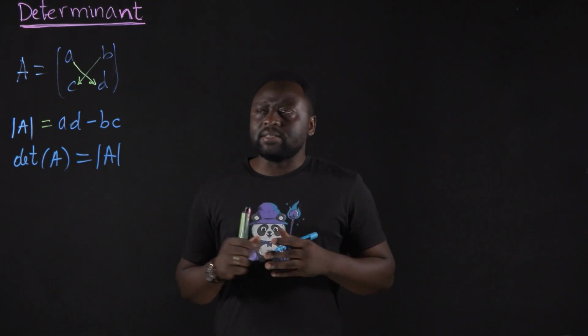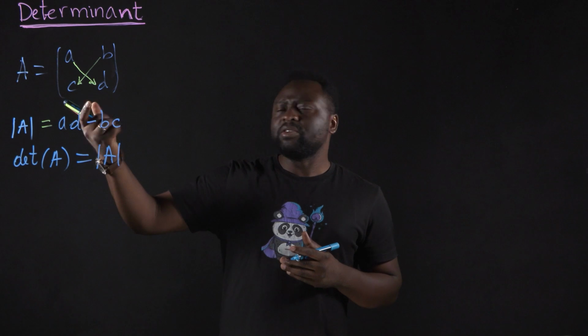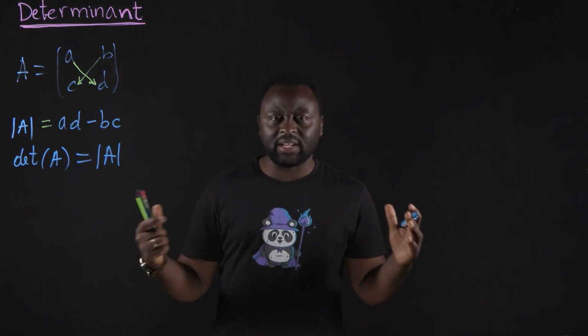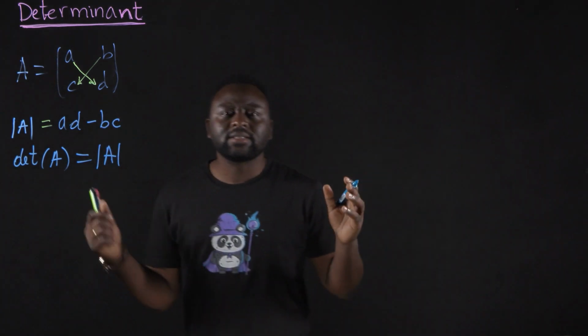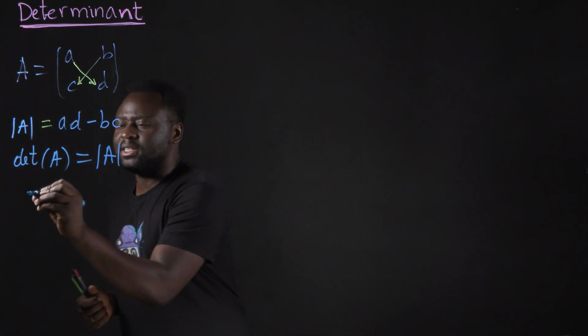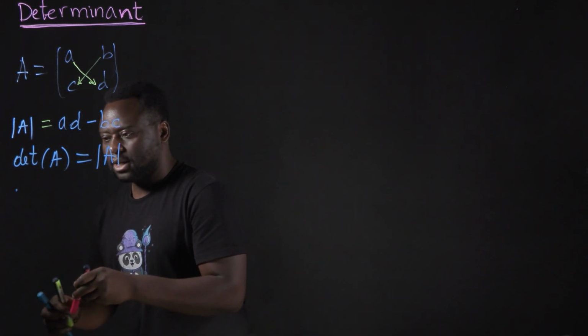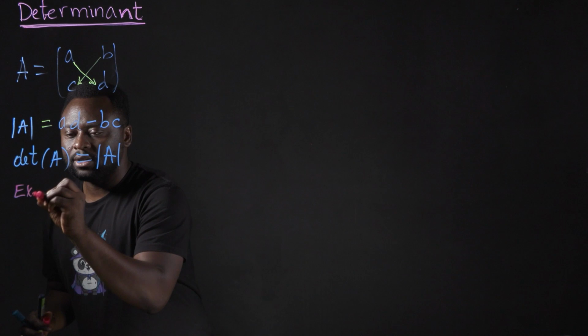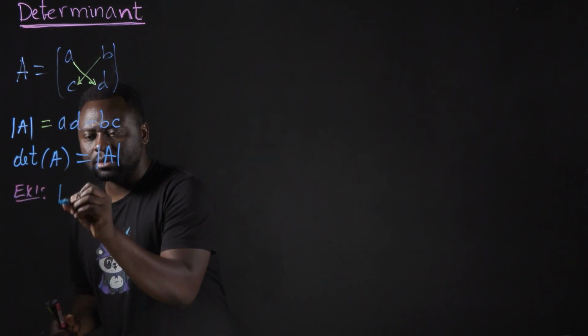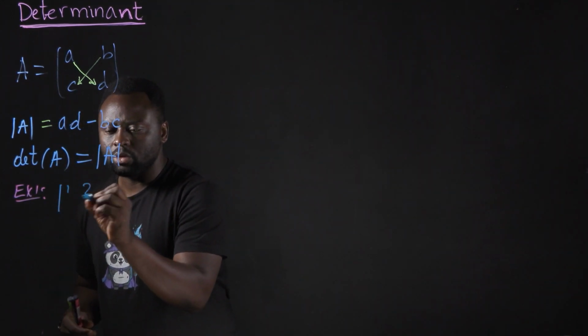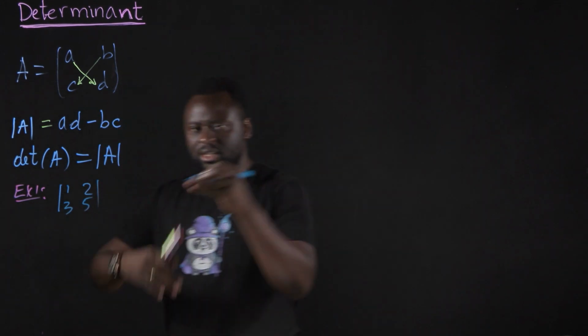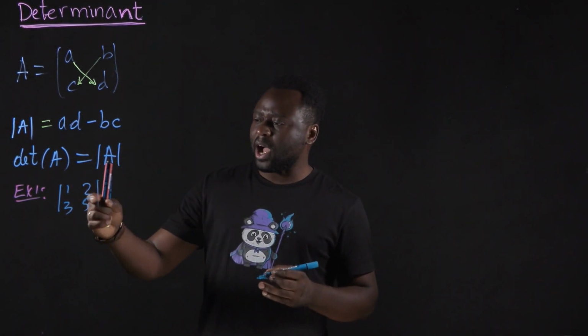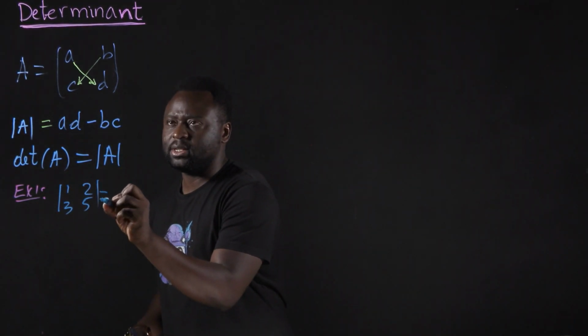So having said this, any example of a 2 by 2 matrix is very simple, it's straightforward. So as an example of a 2 by 2, let's look at this. This is the first example, example 1. If you are given this matrix 1, 2, 3, 5, it's just an example, okay? And you are asked to find the determinant of this matrix. What is its value?